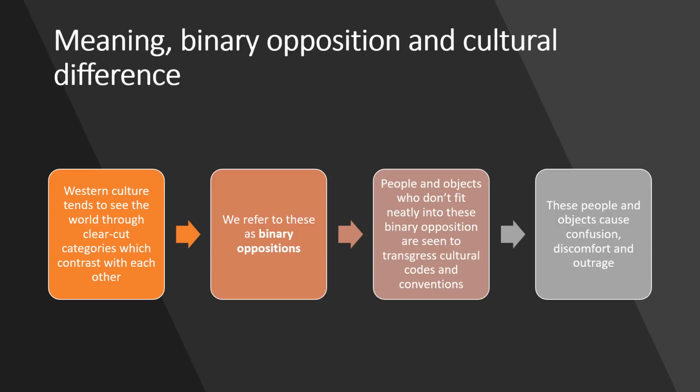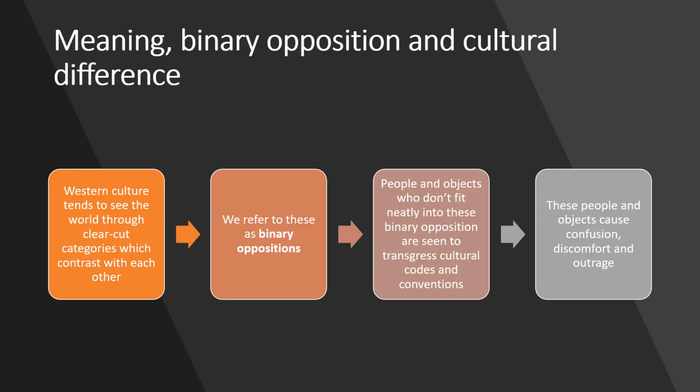They're abnormal, in other words. They're kind of outside of what we would consider to be natural and normal. And as a result, people who sit outside the binary oppositions cause cultural confusion, they cause cultural discomfort for people, and they cause outrage.